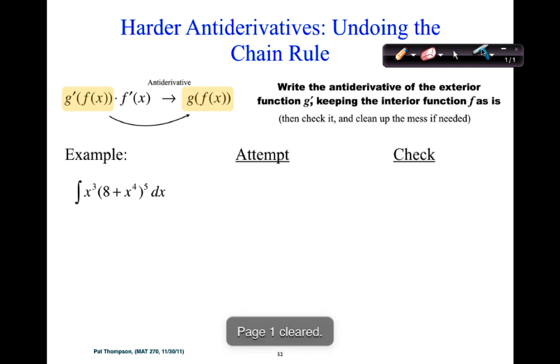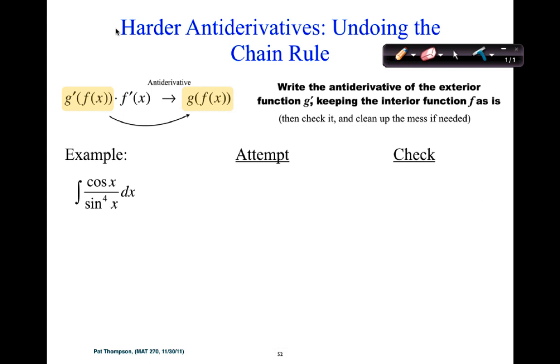Next one. Okay, cosine x over sine to the fourth dx. Does this have the form of undoing the chain rule? Looks like a fraction to me. If it's a fraction, how does it work?